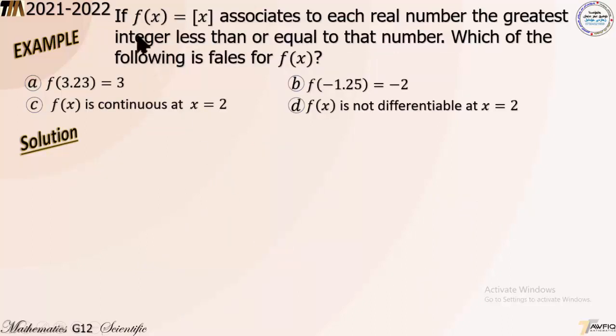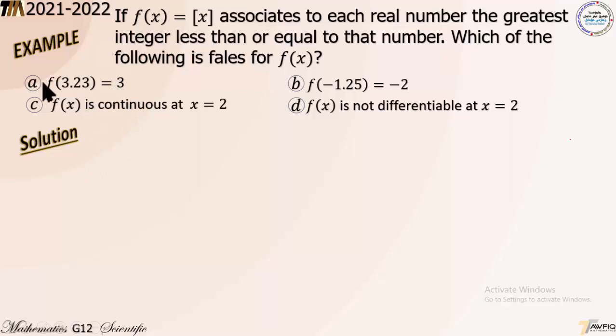Example, if f of x is x associated to each real number, the greatest integer less than or equal to the number x, which of the following is false for the f of x? To find f of 3.23, because 3.23 is between 3 and 4, we are taking 3.